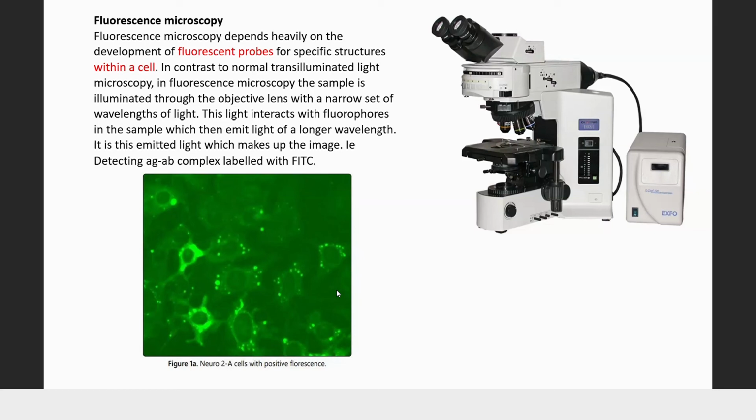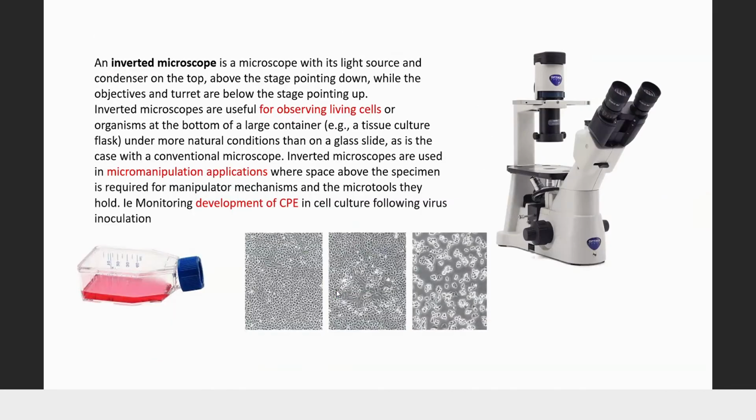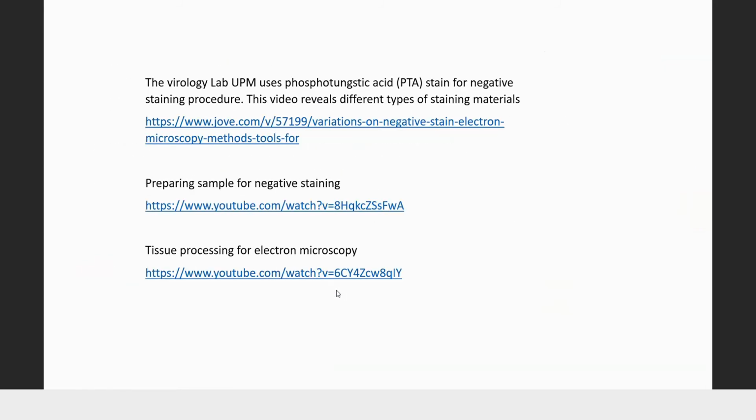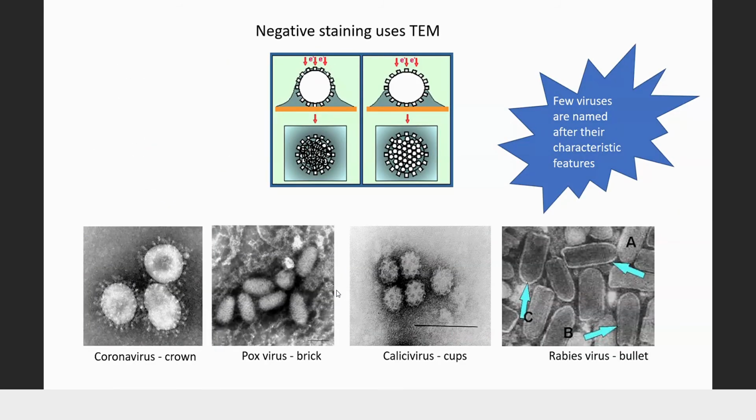I think I missed it, the slide, the 12th slide, right? The slide on the 12th page, there's a picture of negative staining using TEM, and Prof mentioned that for the left picture, if you use negative staining, you can only see the outline of the virus, right?